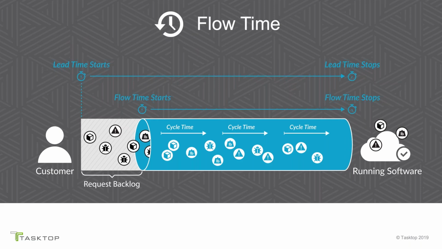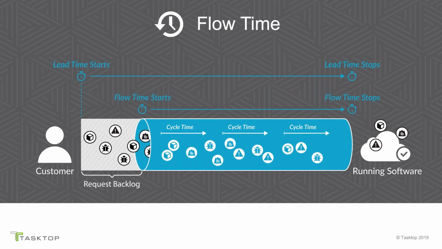Flow time is in the middle of that. Flow time is where there has been a request for something to happen or a new feature in the tool. And once it is approved, yes, we are going to start working on that. Not that development starts tomorrow, but yes, it's going to go into the product, which means I have to do requirements, I have to break it down, then it goes to the developers, then it goes to the testers, then it goes back to the developers, then it goes back to the testers.